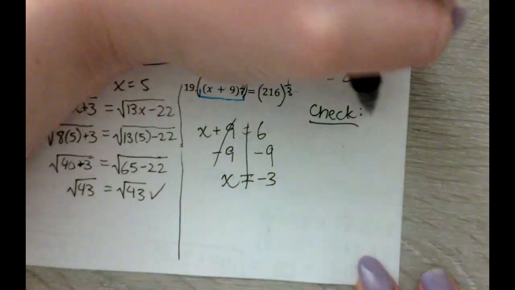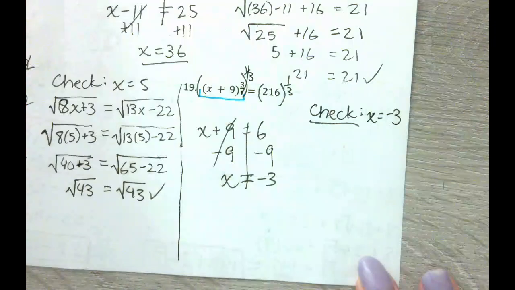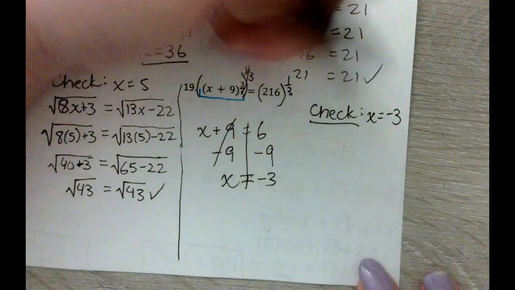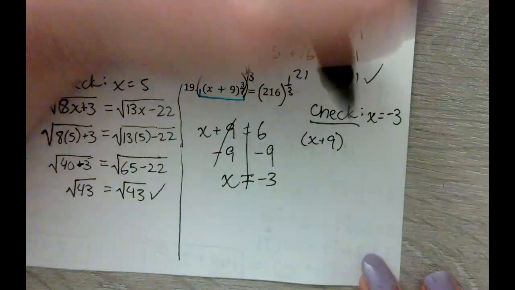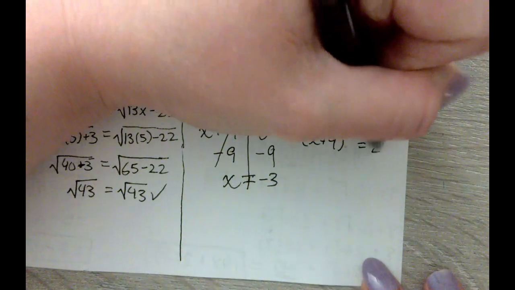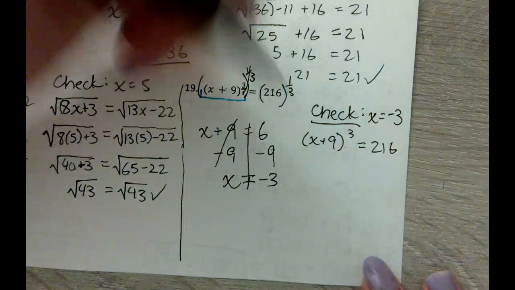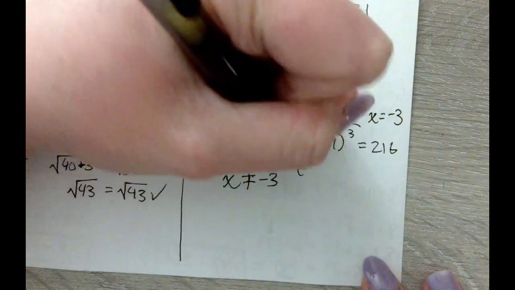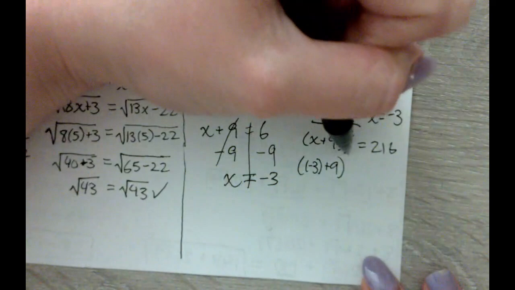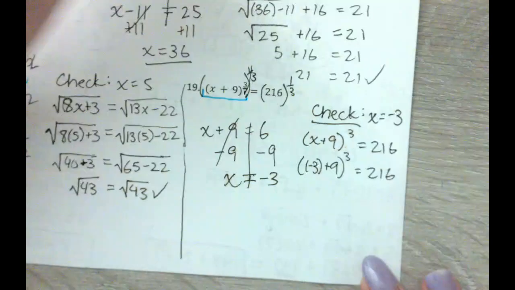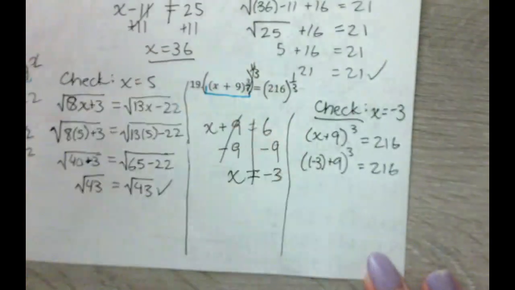We always check. X equals -3. So our problem is x plus 9, and that was just cubed, equals 216. Plug in -3 for x, so we have -3 plus 9 cubed equals 216.